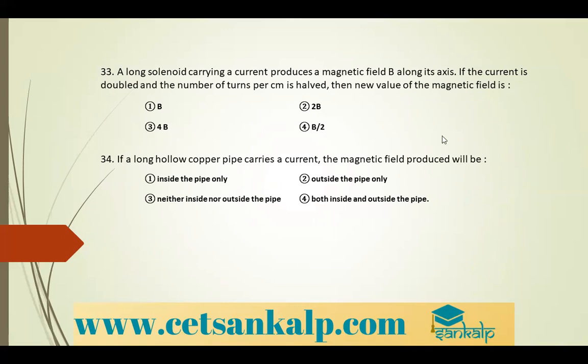Initially B is equal to mu naught n I. Now B dash: n becomes n by 2 and I becomes 2 times I. So they cancel, and mu naught n I is nothing but B. So B dash will be B only. It does not change. It remains the same.